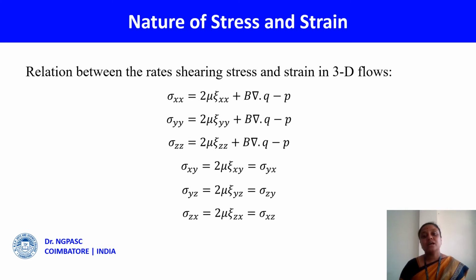That is sigma xx, sigma yy and sigma zz, and sigma xy and sigma yx are equal, sigma yz and sigma zy are equal, and sigma zx and sigma xz are equal, where mu is the dynamic viscosity, b is a constant and p is the hydrostatic pressure.